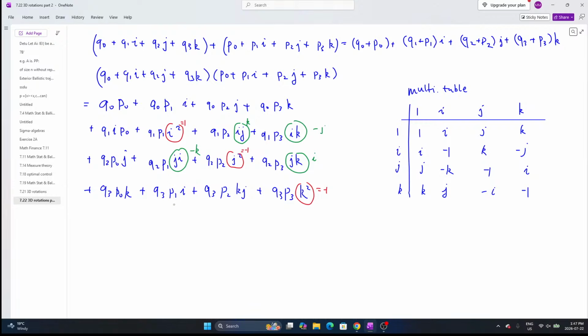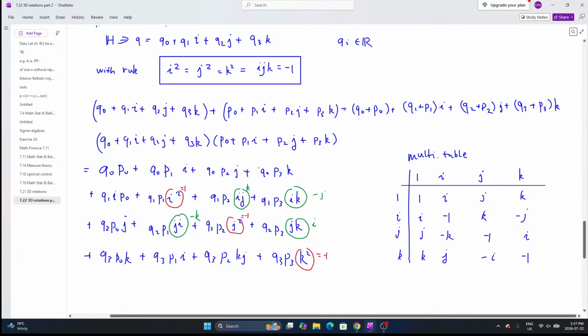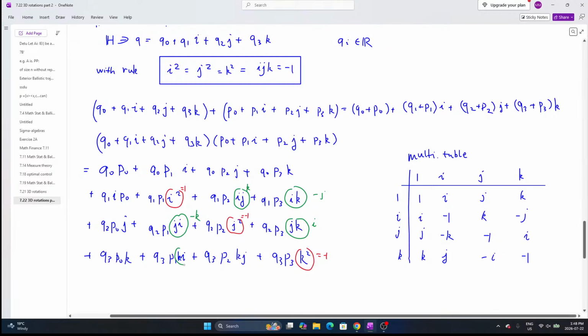Hold on a second, did I miss something here? Q3 ki. I missed a k here. k times i is j, which we just showed. And k times j is minus i, antisymmetry.